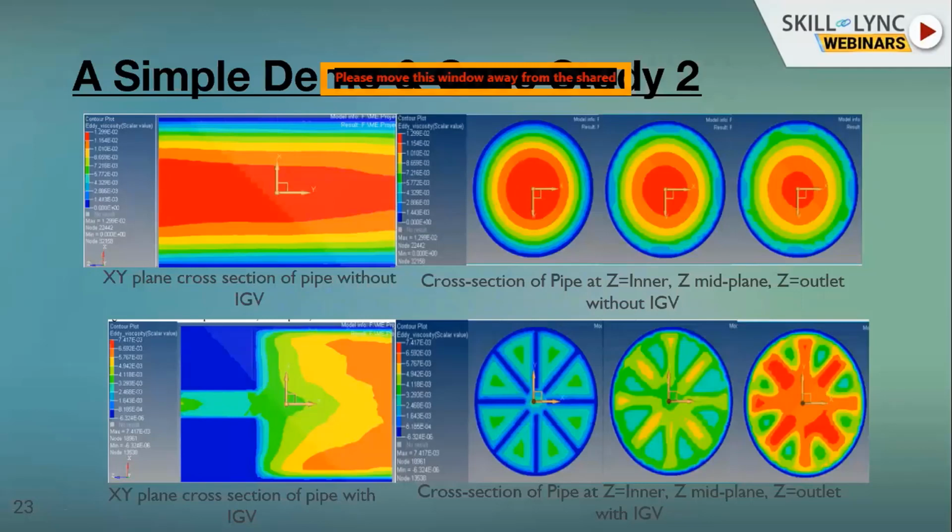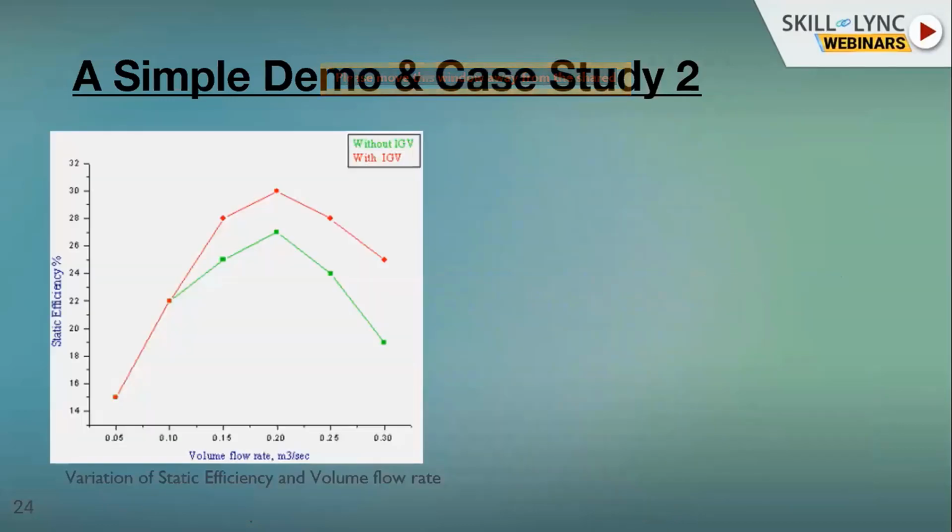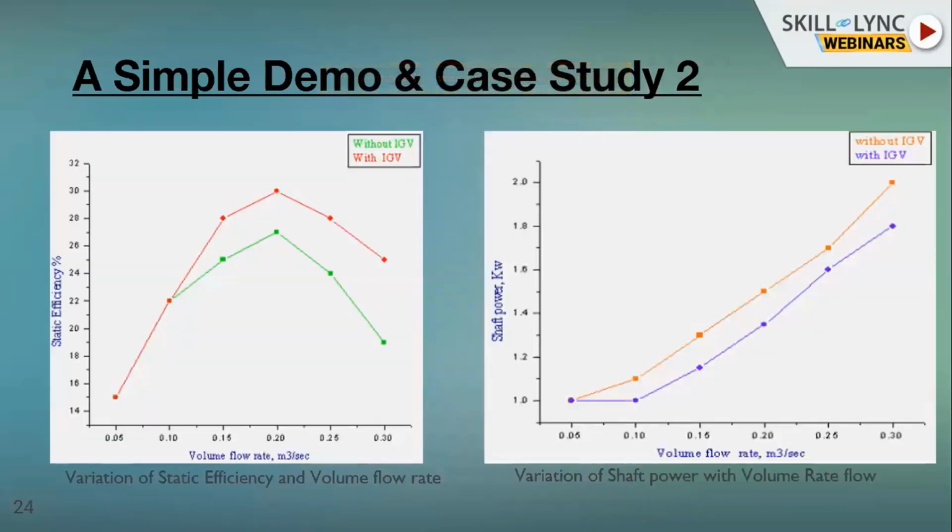So this was not possible at all if you are using experimentation work. So the author first tries to justify with the numerical or CFD approach. All right, so he has compared and shown the static efficiency with respect to different volume flow rates, with and without inner guide vanes.